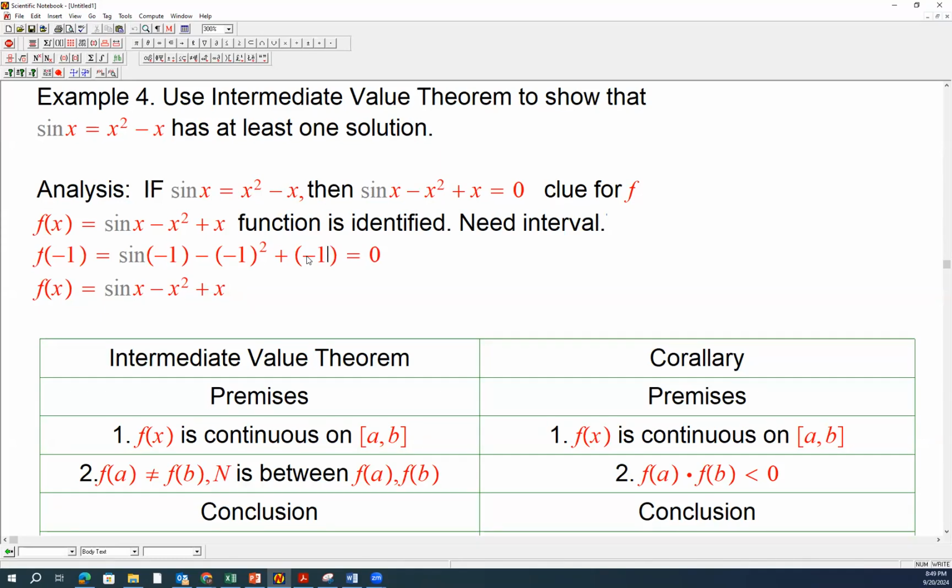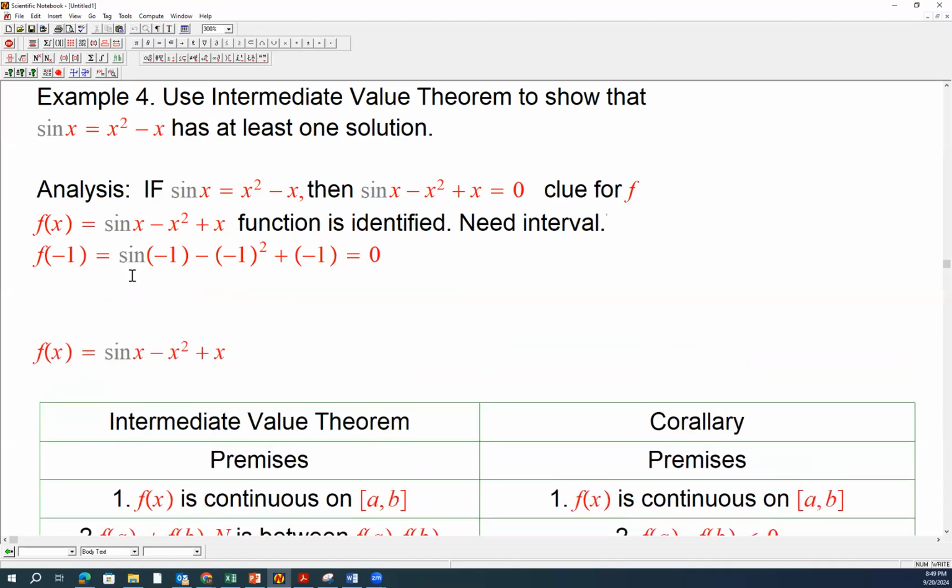I have chosen x equals -1. Sine of -1 is going to be negative, because it's in the fourth quadrant.